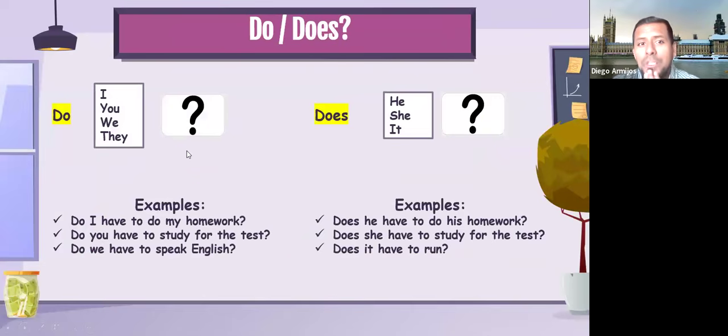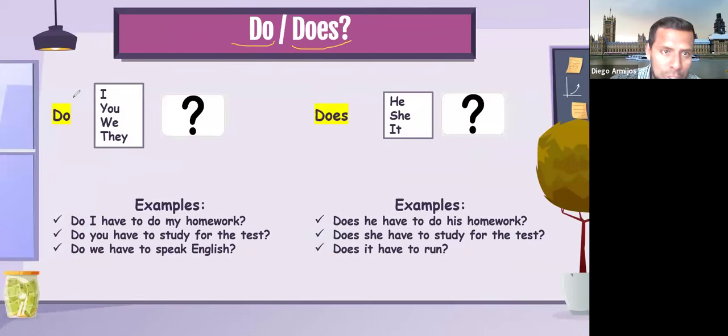Now we're gonna jump into questions. How to make questions? We have two auxiliaries in order to make questions. We have do and the auxiliary does. That's saying, guys, do is for plural nouns plus the pronoun I, and does is for the singular nouns.